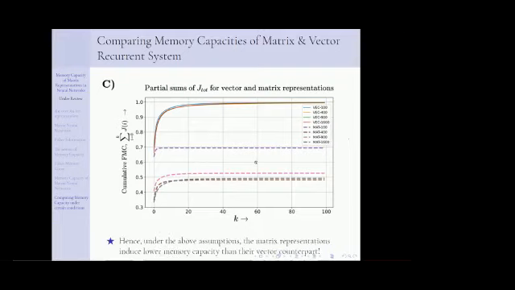And this is quite striking, actually, that the matrix representation system, even after doing such a great job at preserving the local information around the pixels and all that, actually has worse memory capacity than its vector counterpart under certain assumptions, the assumption being normal connectivity matrices. So this is striking. And even more striking is that the memory capacity of a matrix representation system with 100 neurons is much more than the capacity of 400 neurons.